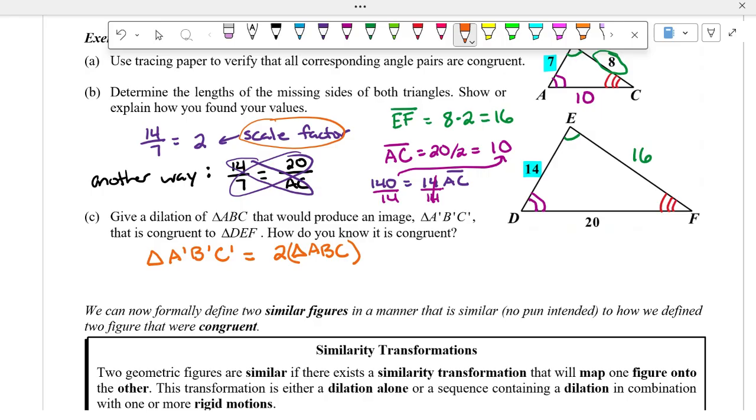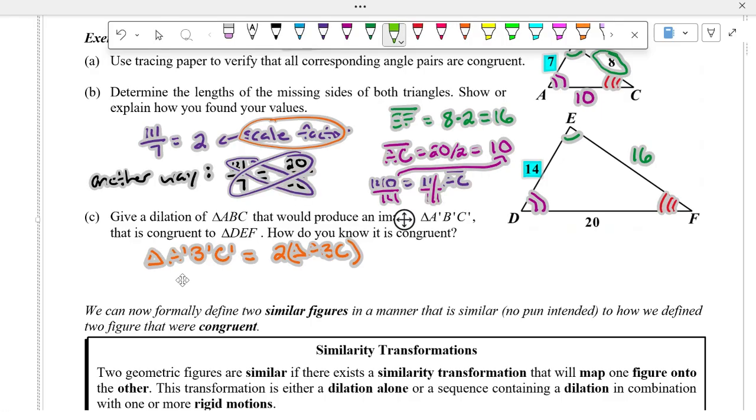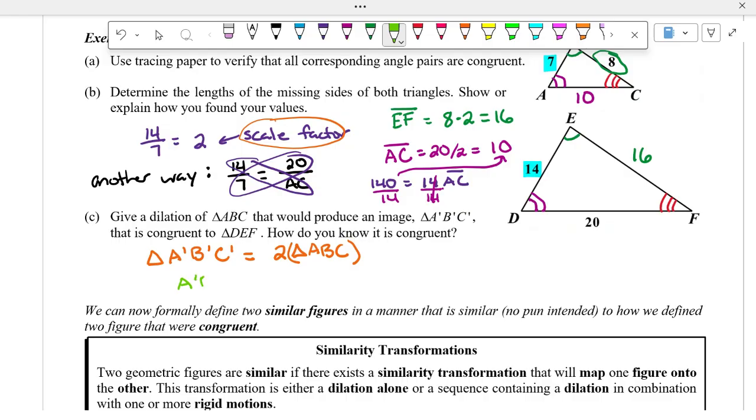All right. So A prime, B prime, C prime is congruent to triangle DEF because the scale factor from triangle ABC to triangle DEF is 2.